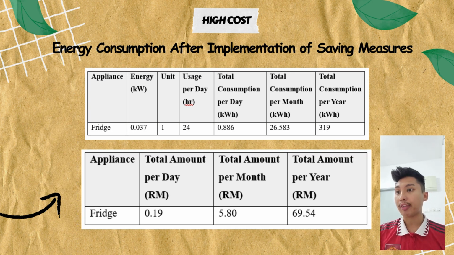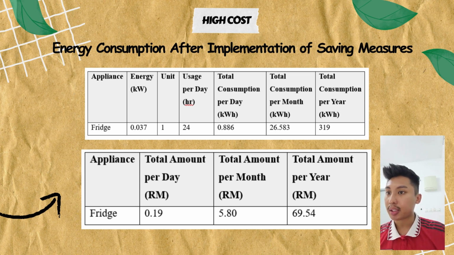Lastly, high cost saving measure. High cost is defined as a financial investment of 450 ringgit and above per unit of appliance in order for this implementation to work. There's only one appliance, as you can see here, which is the refrigerator.